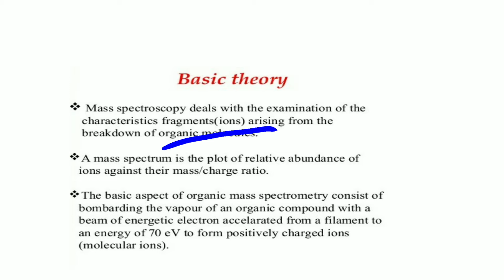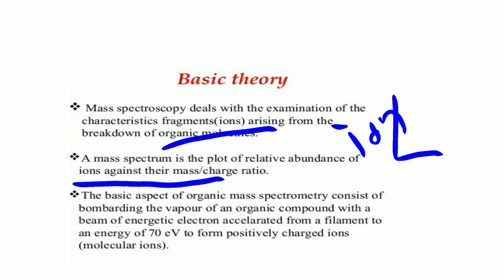Here the mass spectrum is the plot of relative abundance of ion against the mass per charge ratio. This is a plot of abundance of ion versus mass per charge ratio.